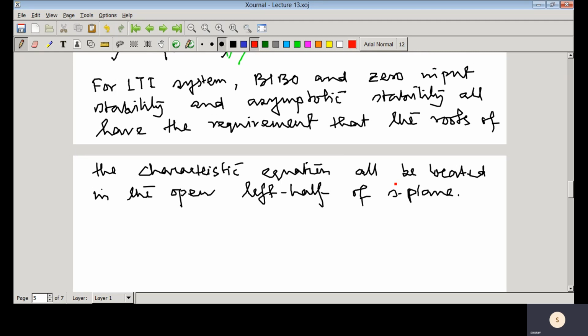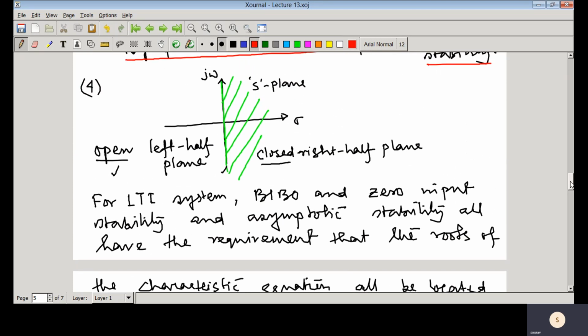So here you can see that all the poles should be in the open left half plane. So this is not the closed one. That means if you have any pole in the closed right half plane, any pole, so suppose it is on the imaginary axis here, or suppose it is here, any pole on the right hand side, that is actually unstable.